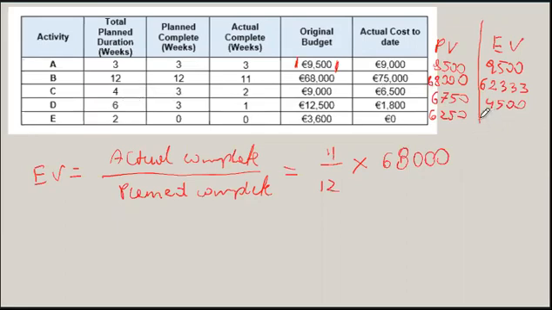So we only completed a sixth of 12,500, which is 2,083. That's the earned value. We only earned this much. And for the last activity, 0, 0, and 0.